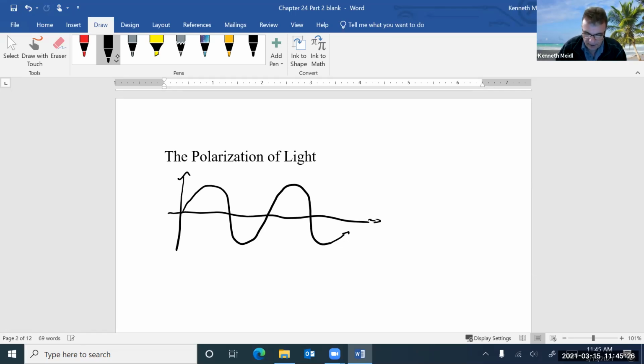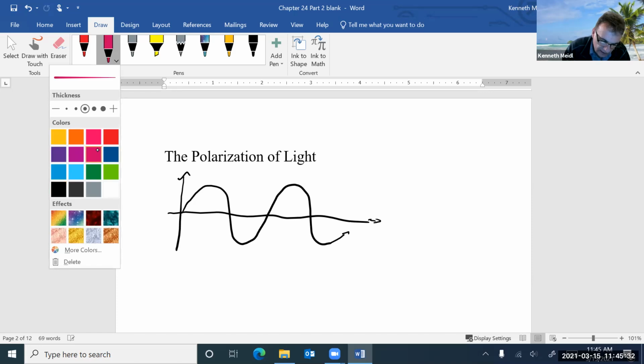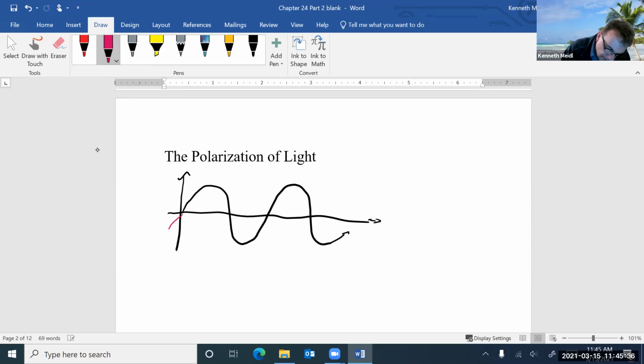And if this is a light wave, what we really have is this other aspect of the wave that goes in and out of the page. That's the magnetic field vector. And this is the electric field vector.